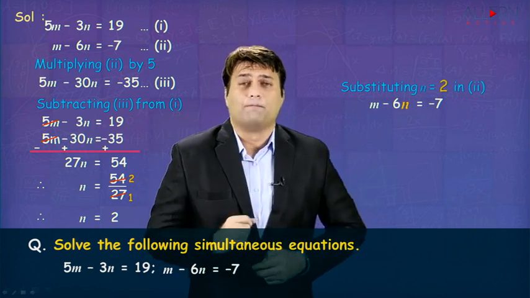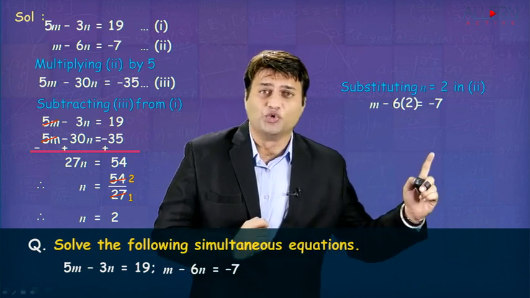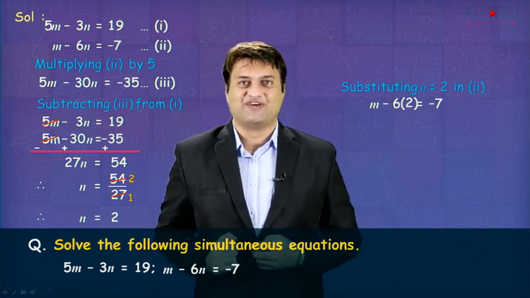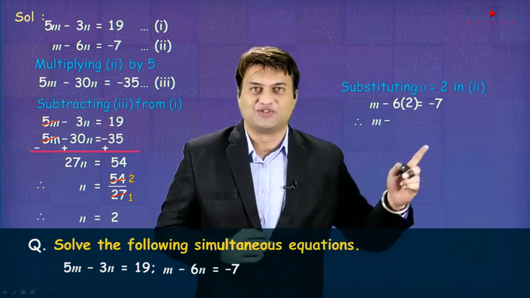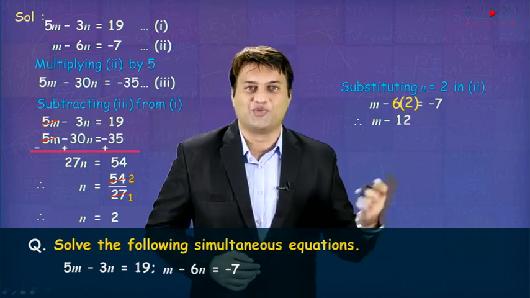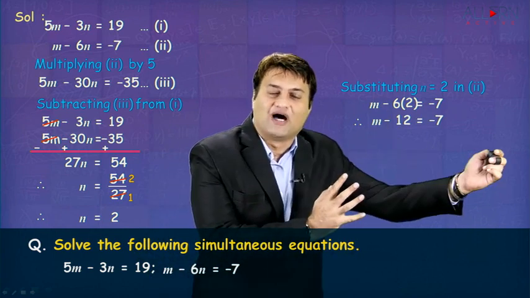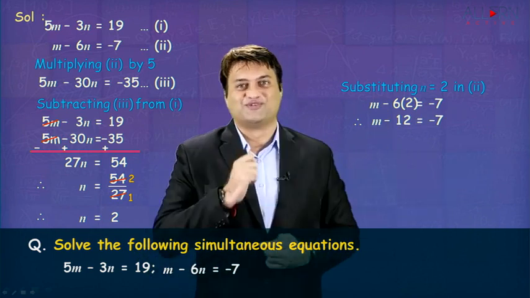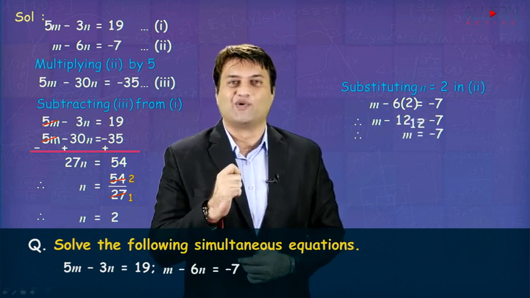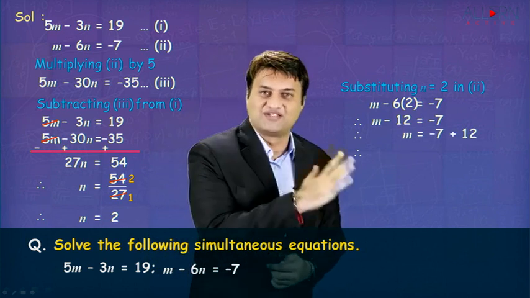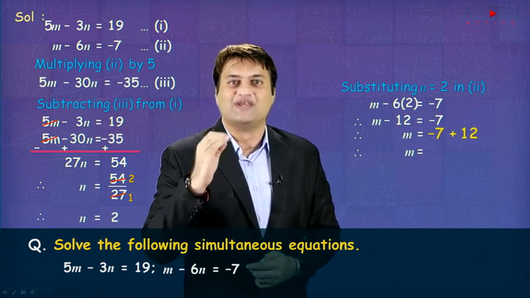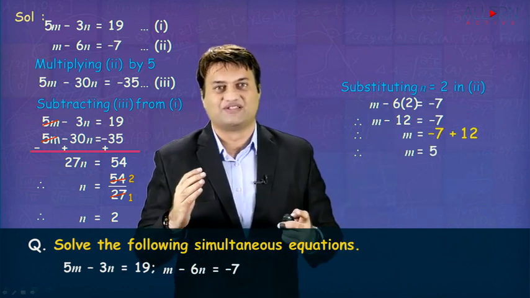We get m minus 6 into 2 is equal to minus 7. So you get m minus 12 is equal to minus 7. Now, minus 12 goes to the other side, it becomes plus 12. So we get m is equal to minus 7 plus 12. You get m is equal to 12 minus 7, that is 5.